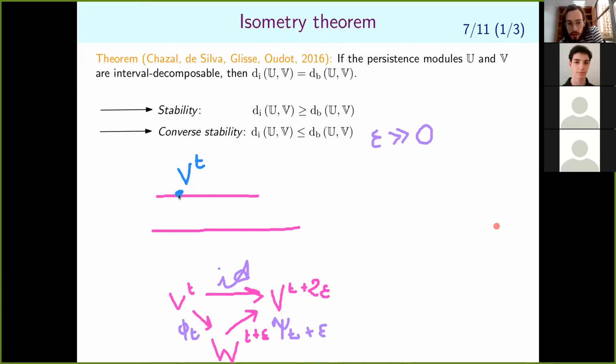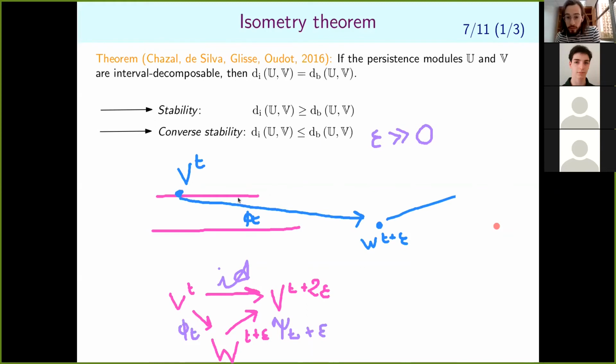Say that epsilon is this length. This will be the map phi t. And here I'm in Wt plus epsilon, and the map psi t plus epsilon will also be this large.